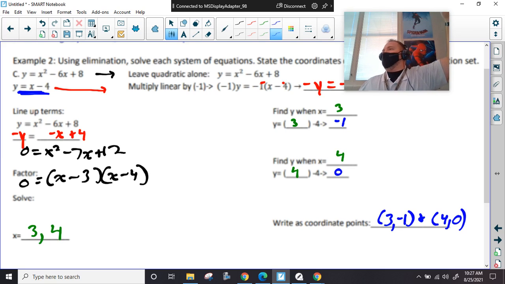Some people are going to go down County Line to Madison Boulevard and go that way. Some people are going to go down to Palmer Road, get over, and go that way. It's all different directions, but we end up at the same place. These are just different ways to get to the same answer.